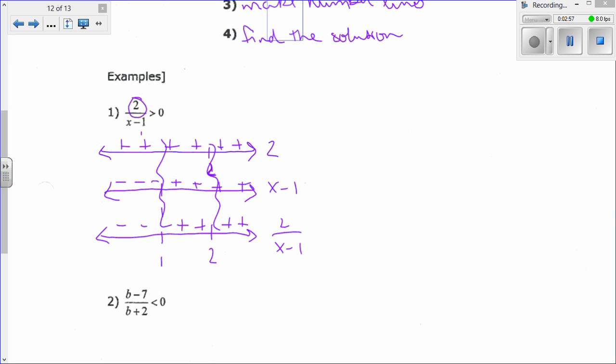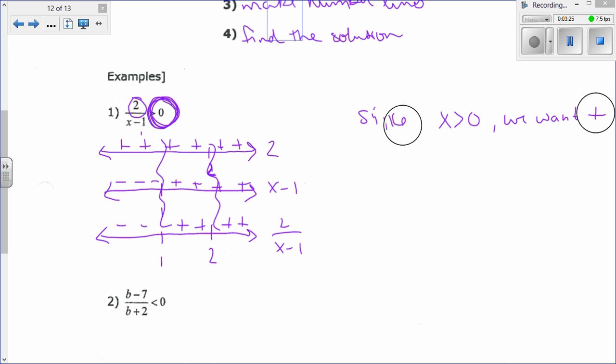I need to determine if I'm looking for positive answers or negative answers. I do that by looking at the original problem. It says greater than 0. Since greater than 0 means it's positive, we want the plus signs.